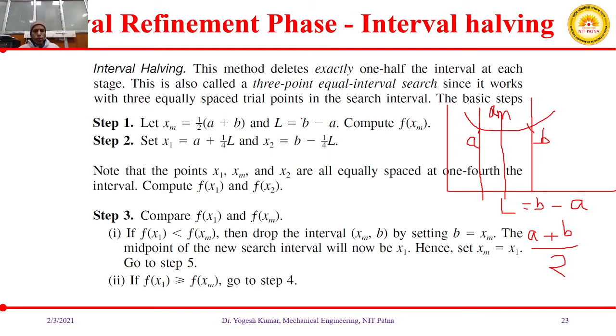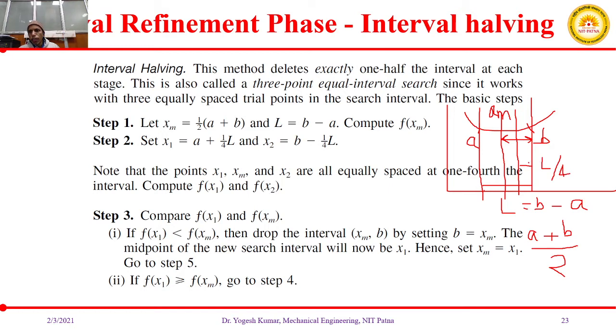Okay, then another point. Because we have to identify points at equal intervals, let us take one more point which is at the mid of the length xm to b. If it is equidistant, then it will be at this place, and since this whole length is L, this will be L by 4.